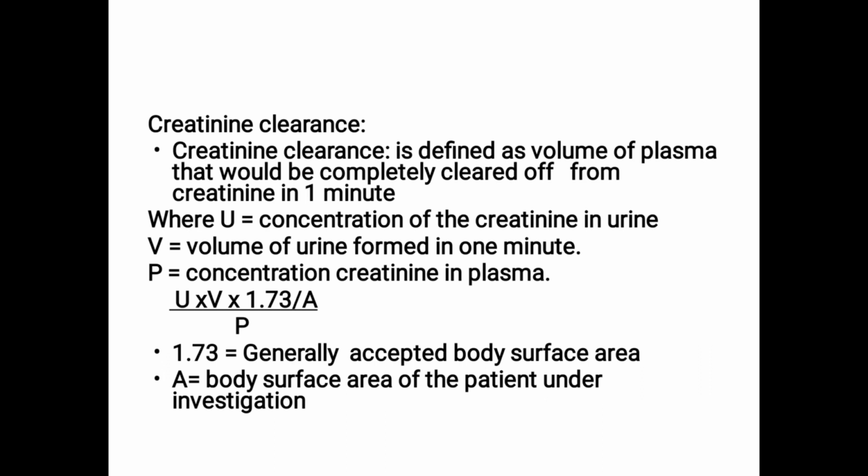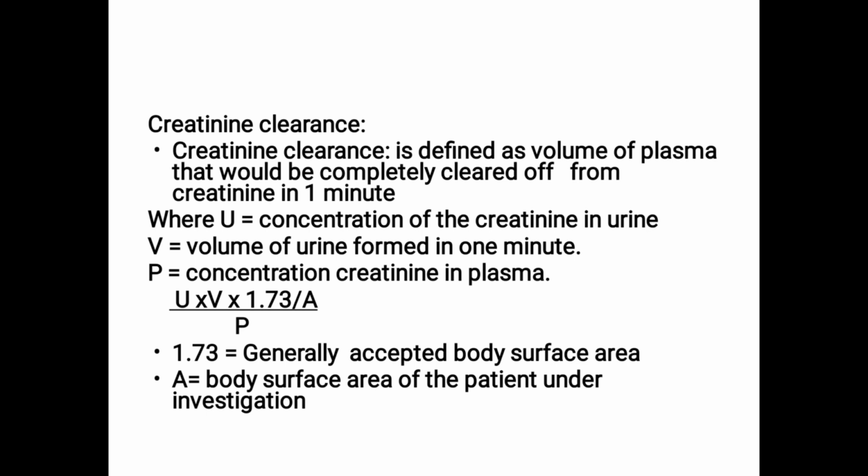So it is given by the formula UV by P, where U is the concentration of creatinine in urine, V is the volume of urine formed in 1 minute. That is, we have to convert the 24 hours urine volume into 1 minute, because the unit everything is in ml per minute.